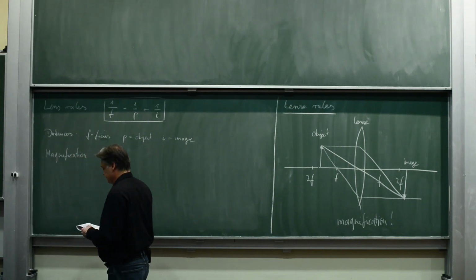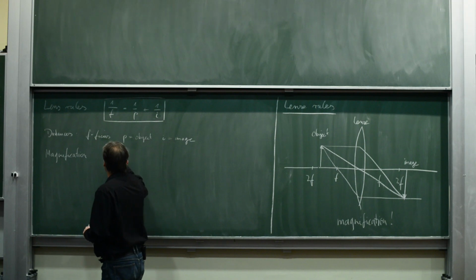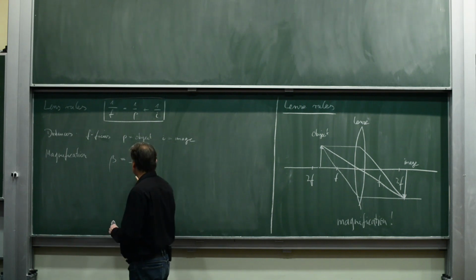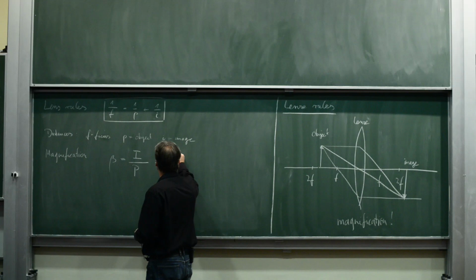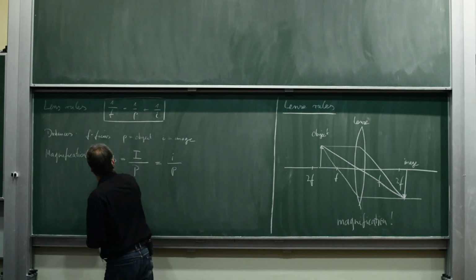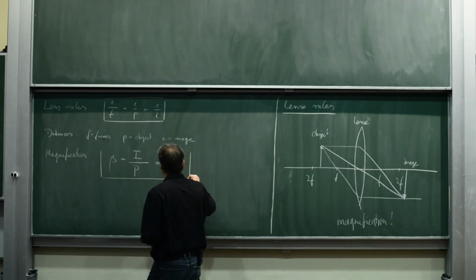And that's the parameter beta, the size of your image divided by the size of your object, and that's directly the distance of your image divided by the distance of your object from the lens.